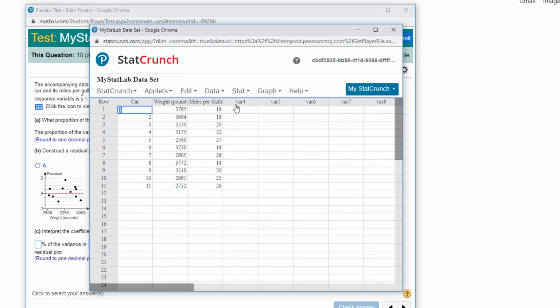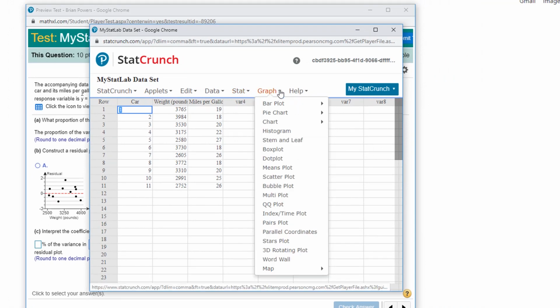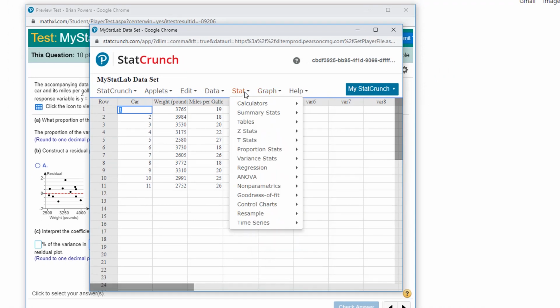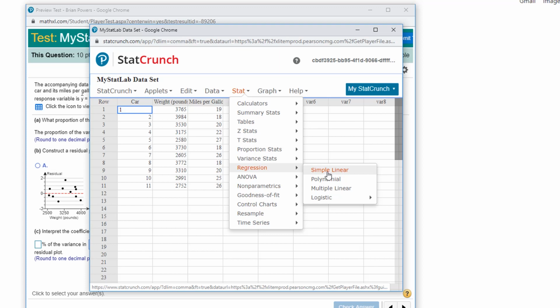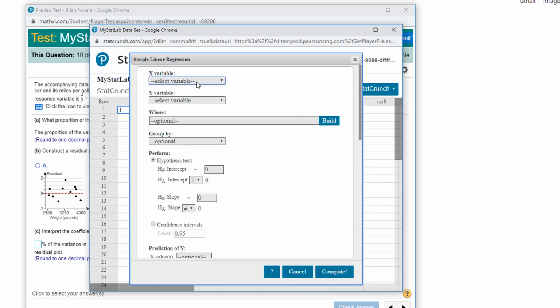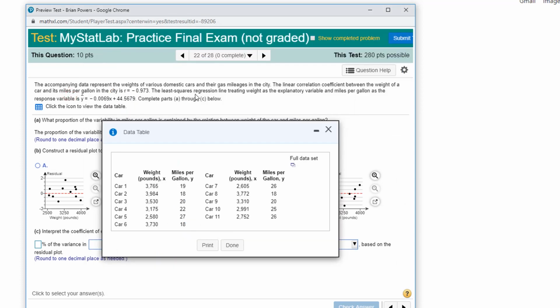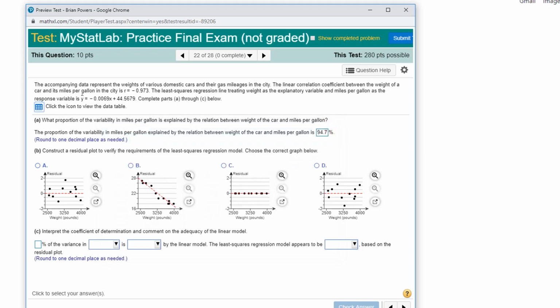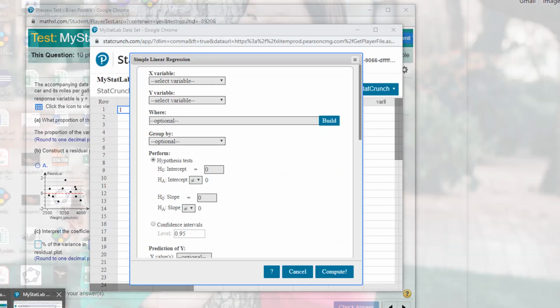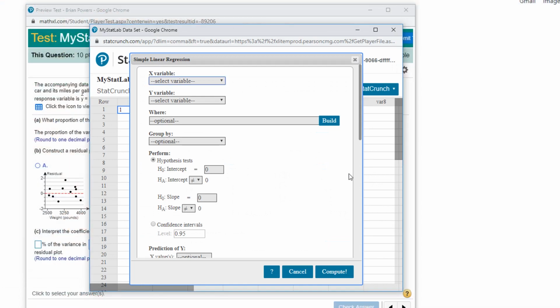All right. So what we need to do is first create the linear regression. Under Stat, it's Stat, Regression, Simple Linear Regression. We want the weight of the car as the explanatory variable. The other one is just the car, that's an index.